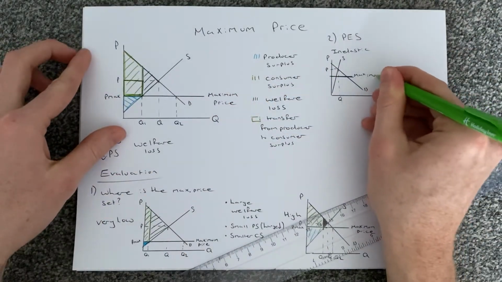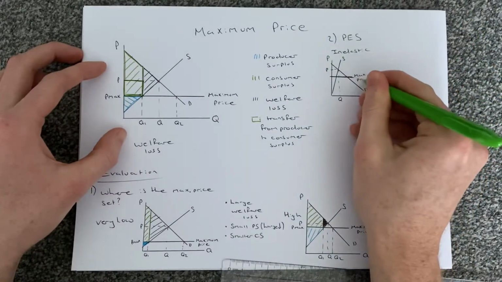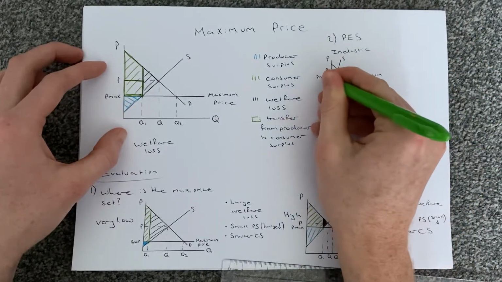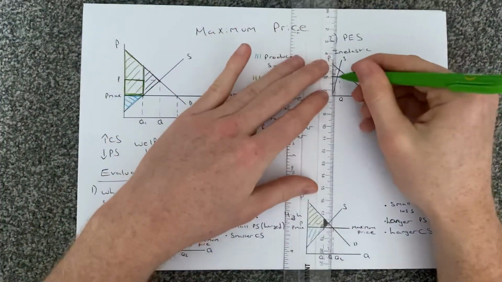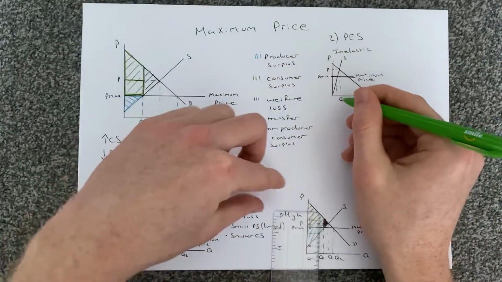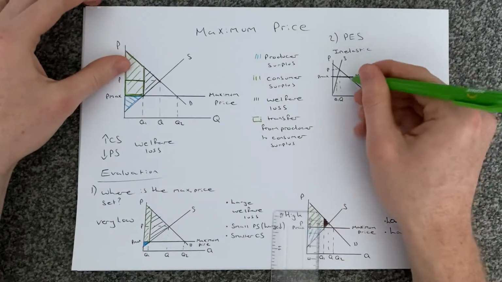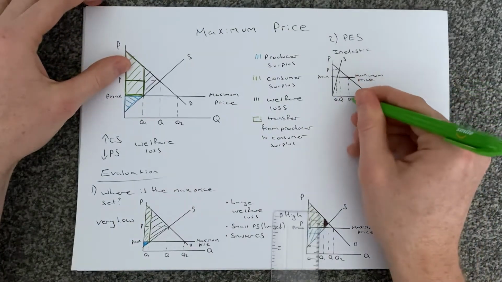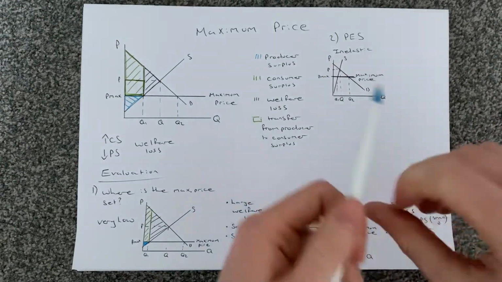Maximum price, and we'll label that P max. We'll obviously add in our quantity supplied and quantity demanded, Q1 and Q2 there.